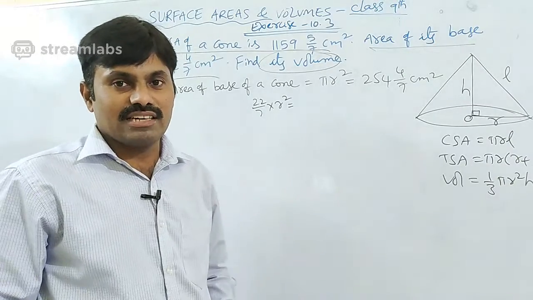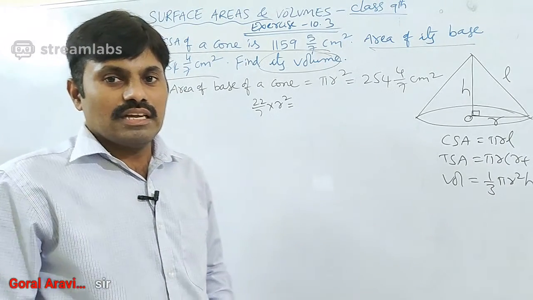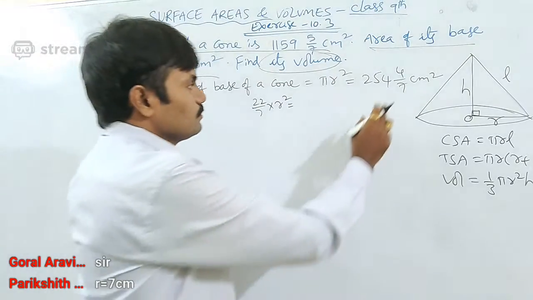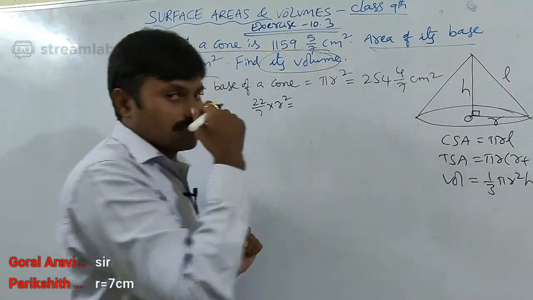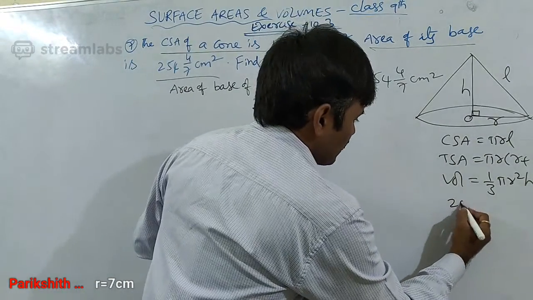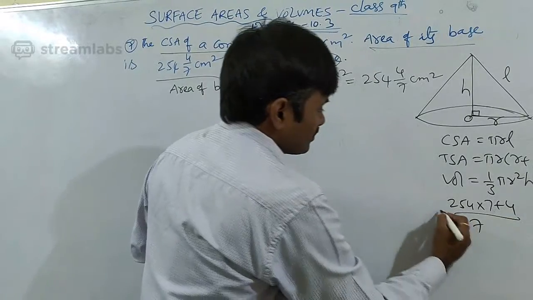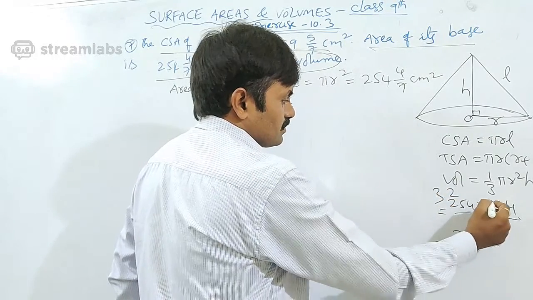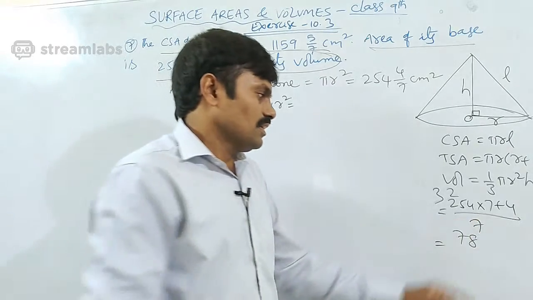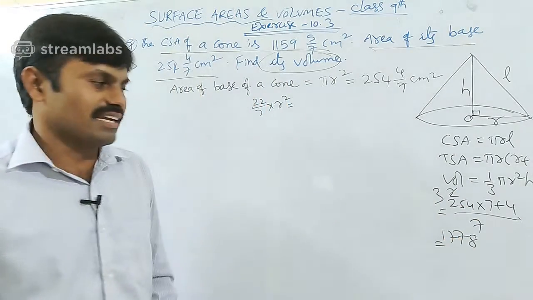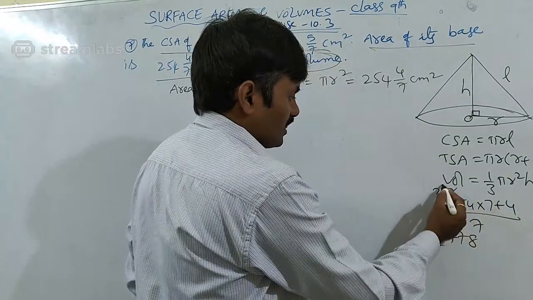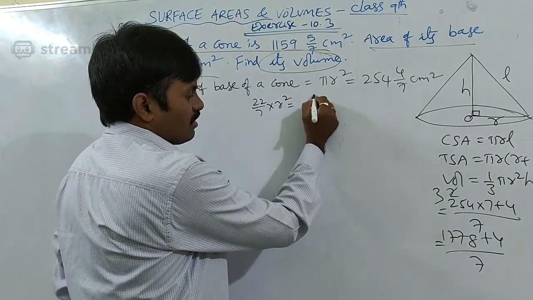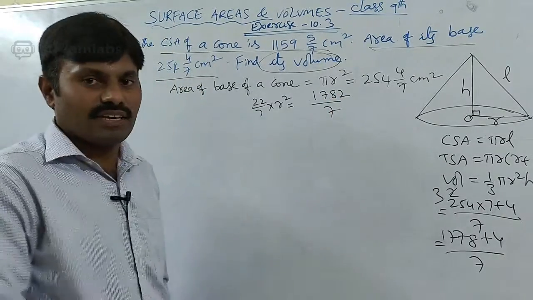It is in mixed fraction, so convert into improper fraction. 254 into 7 plus 4 by 7. 7 4s are 28. 7 5s are 35 plus 2 is 37. 7 2s are 14 plus 3 is 17. 1778 plus 4 is 1782. So we get 1782 by 7.